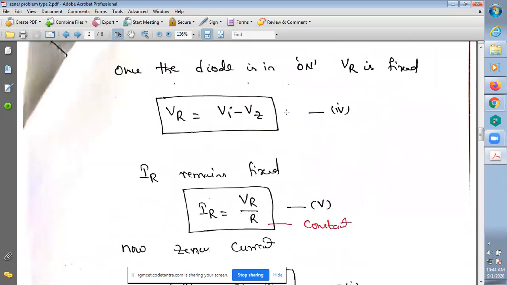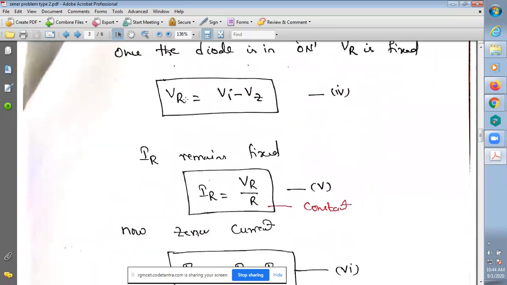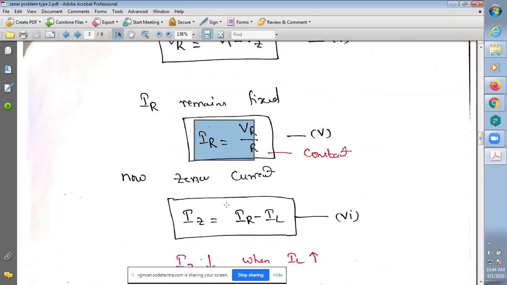Now observe here, the voltage across the resistor is equal to Vi minus Vz. Here Vz is fixed, Vi is also fixed or constant. So Vr is constant, and once Vr is constant, Ir is also constant.